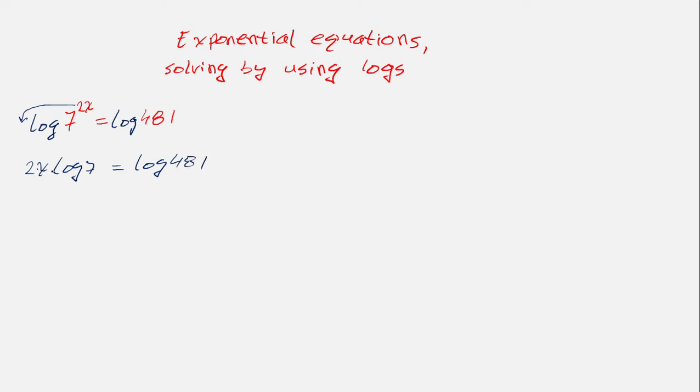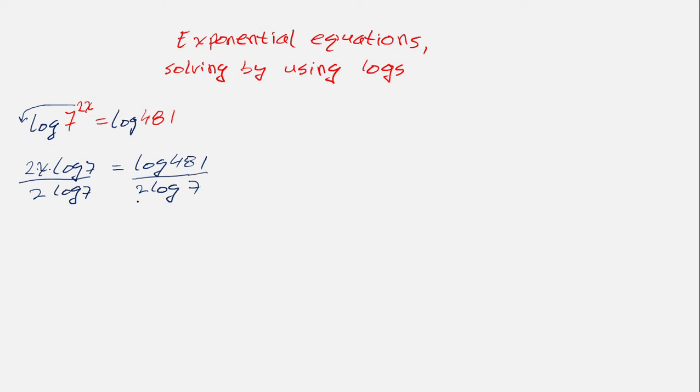Now, since this is all multiplication, 2 times x times log 7, what we need to do is divide by 2 log 7 to get our x by itself. And we divide here by 2 log of 7.